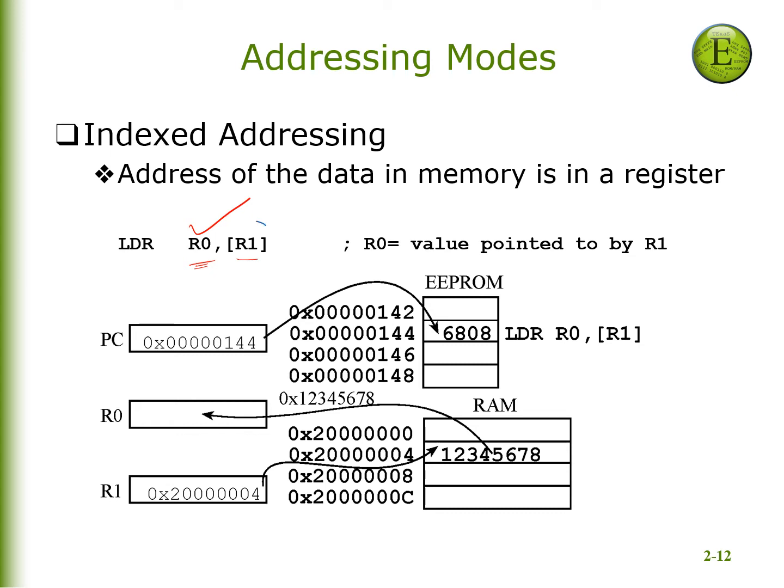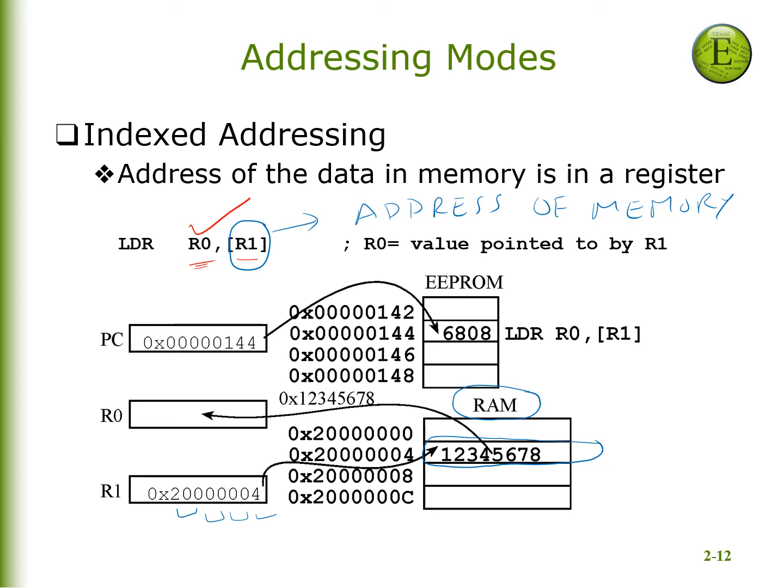So the R1 register contains an address of the memory. For example, if R1 contains hex 20000004, then we are really talking about this part of the memory, which is the RAM.